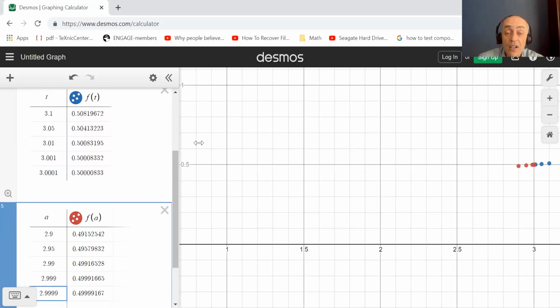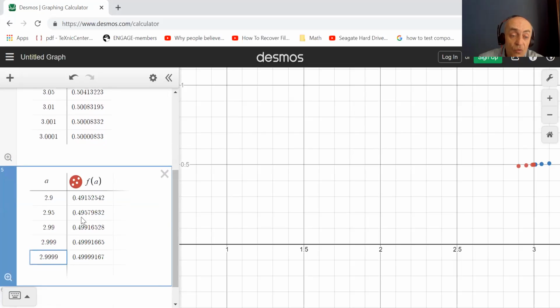So the theory of limits would be that if I do so, I should see the same type of behavior for the values in the right column. In other words, is it true that the values in the right column approach 0.5? And that is fairly obviously true.